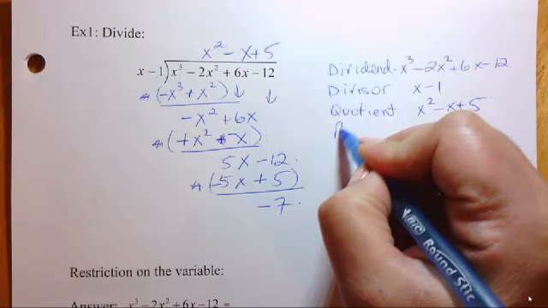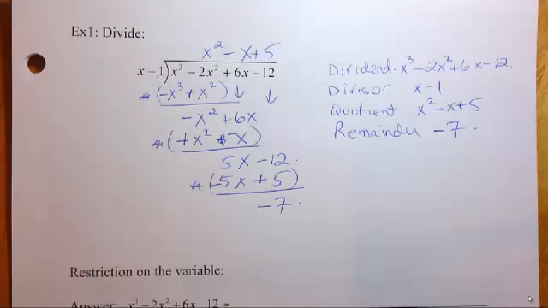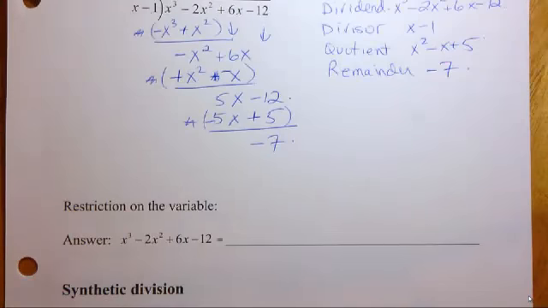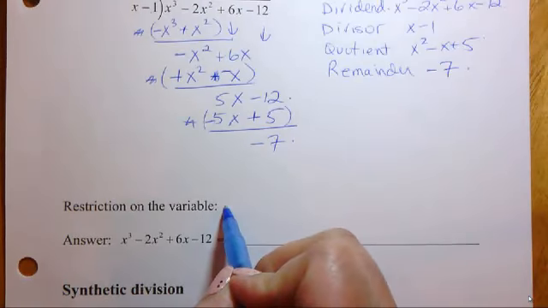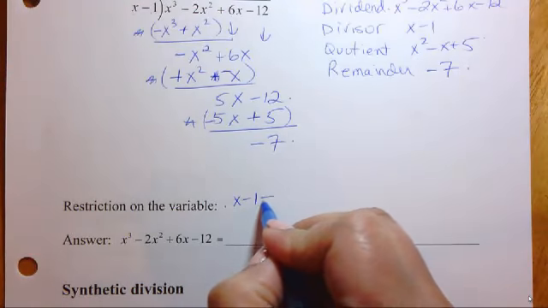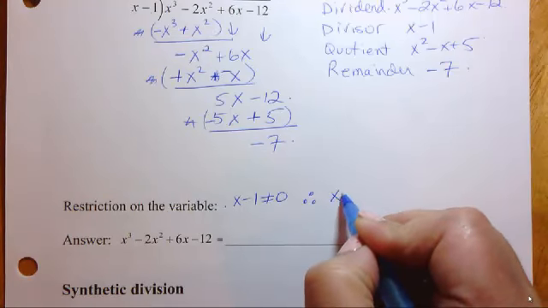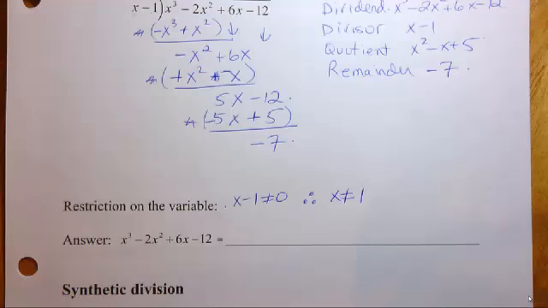That's our answer. And our remainder is negative 7. If we're looking at the restriction on the variable, we look at the divisor, and we note that x minus 1 is not allowed to be 0. Therefore, x cannot equal 1.